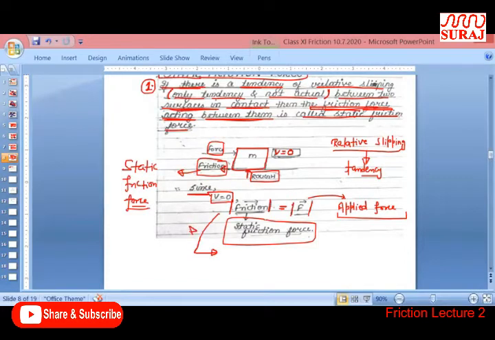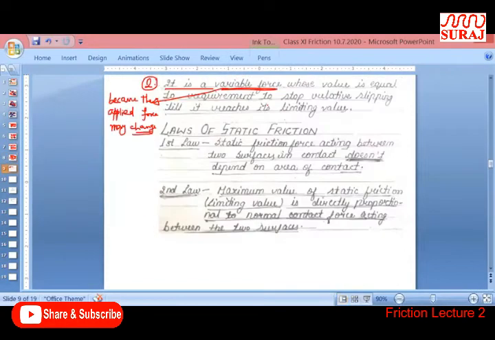Remember this point also. It is a variable force whose value or magnitude is equivalent to stop relative slipping till it reaches its limiting value.